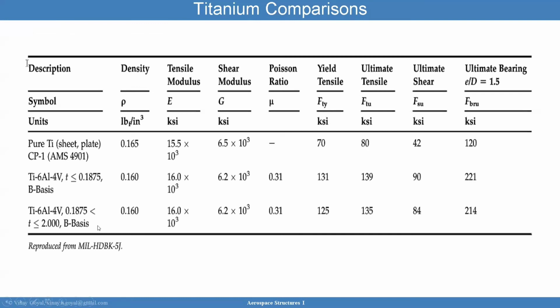Titanium comparisons, here you can see three of them being compared. And again, similar density, modulus, and Poisson ratio. But when I look at the yield strength, you can see variations there. And clearly the titanium has great properties here, these two right here.